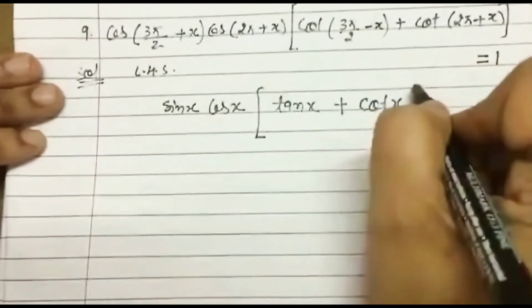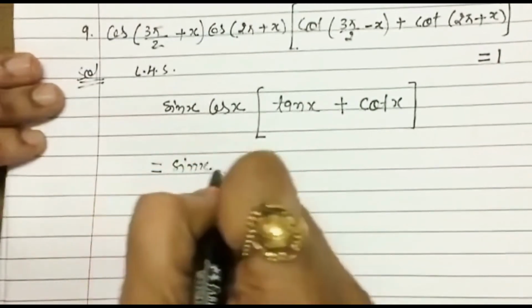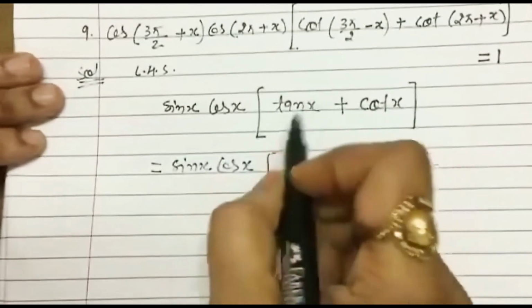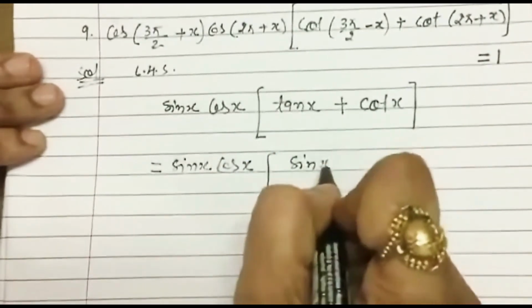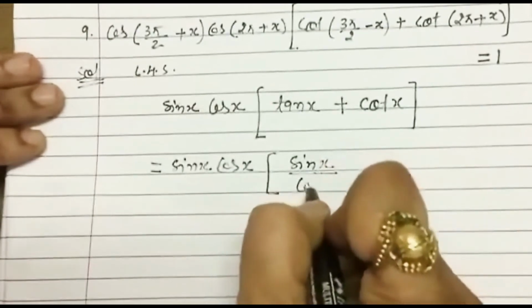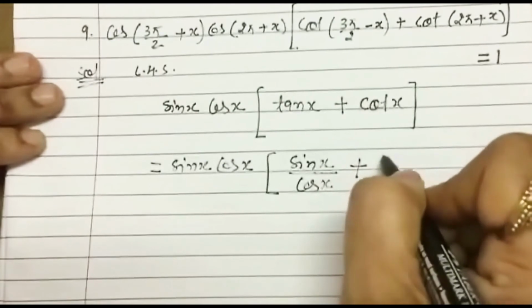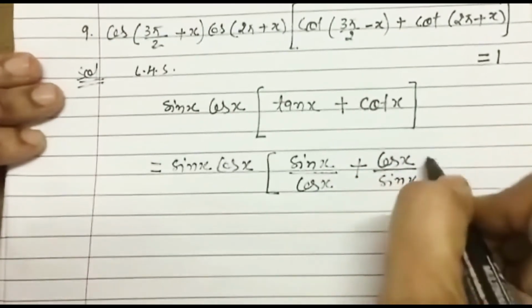So write cot x. Now sin x, cos x, and change tan in terms of sin and cos. It is sin x by cos x, and same here for cot x, it's cos x by sin x.